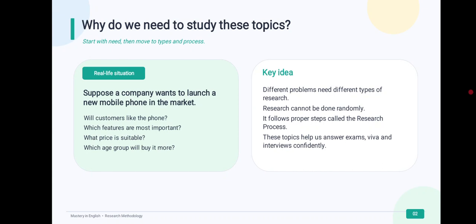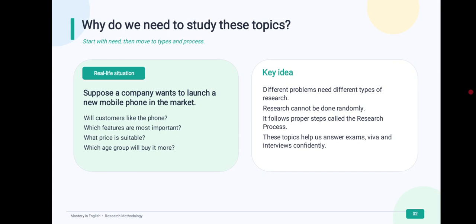Basically, in the market you are aware of this fact: people belong to different age groups: 0 to 5, 5 to 10, 10 to 15, 15 to 20, 20 to 25, 25 to 30, 30 to 35, 35 to 40, and 40 plus.